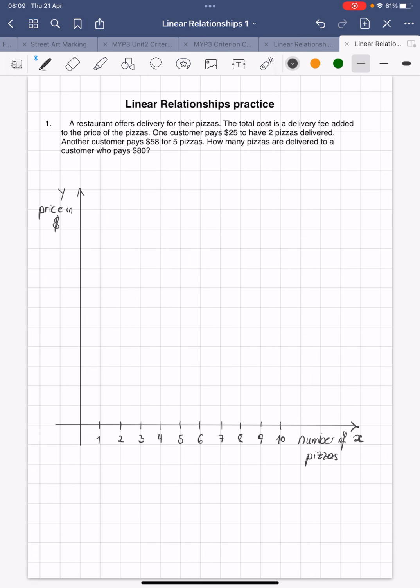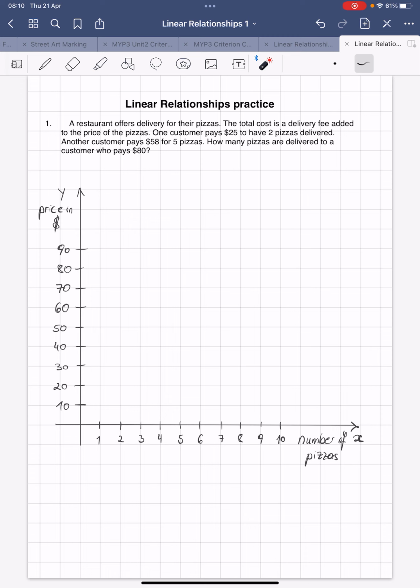So I would suggest that we are going to put here $10, 20, 30, 40, 50, 60, 70, and 80. That's the highest number that we are given here, the 80. So actually we could stop there.